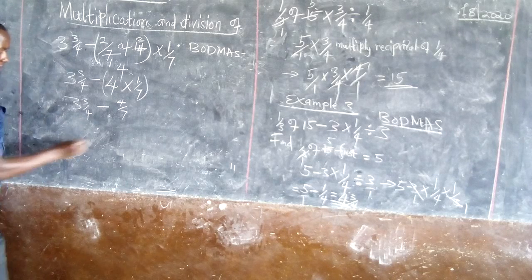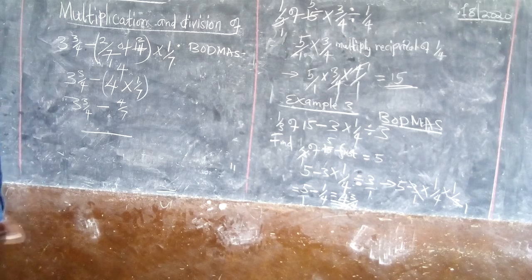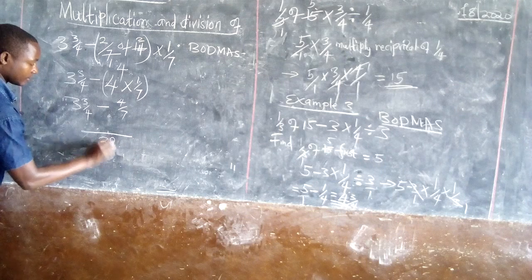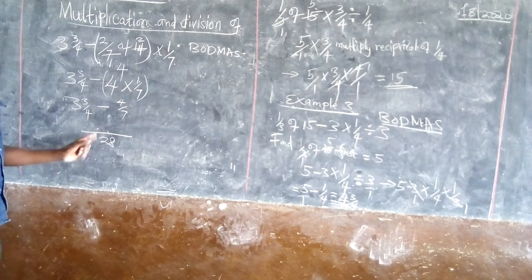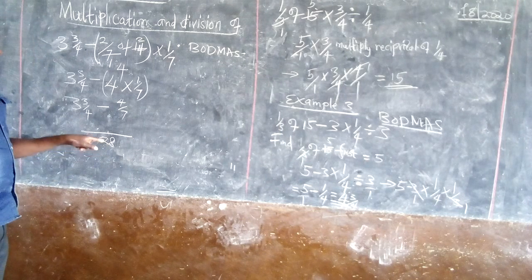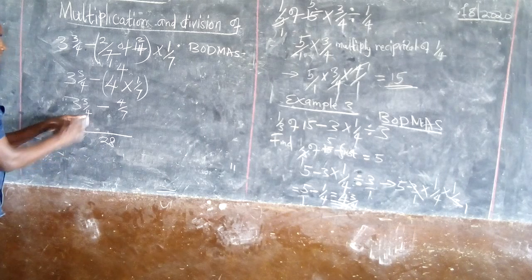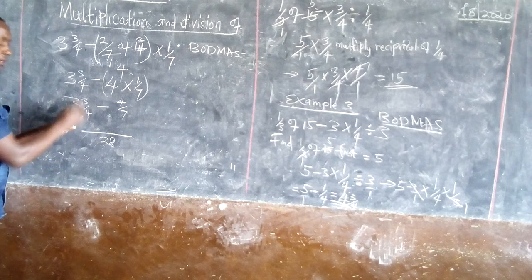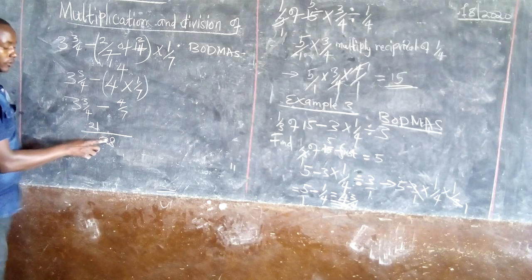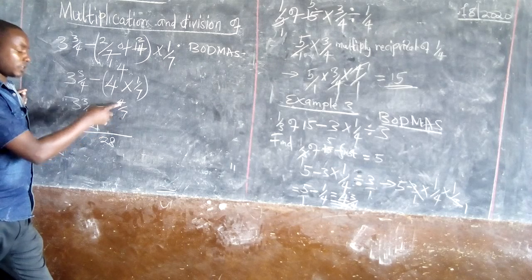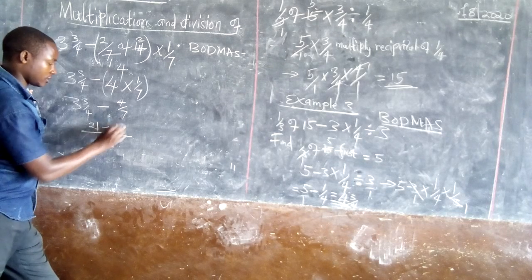So we subtract this by using the LCM. The LCM here is 28. I know you know how to work out LCM. So we have 28 divided by 4, which will give us 7. 7 times 3, 21. 28 divided by 7 will give us 4. 4 times 4 gets 16.